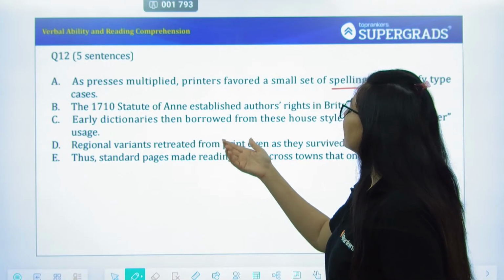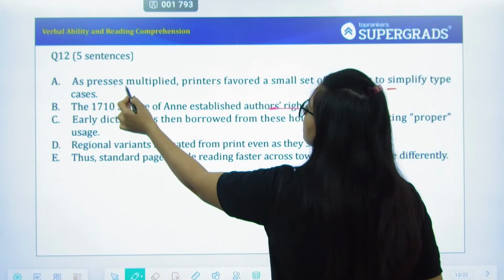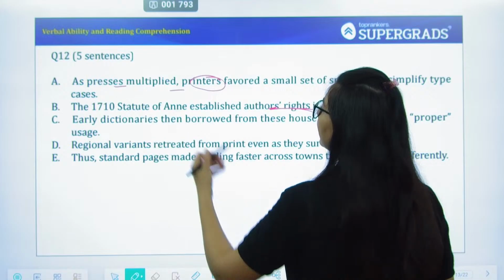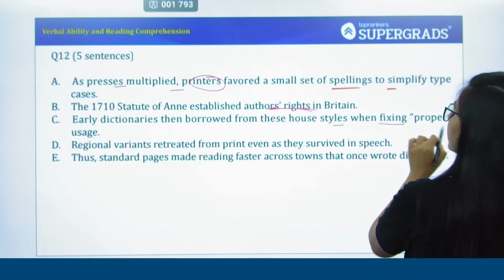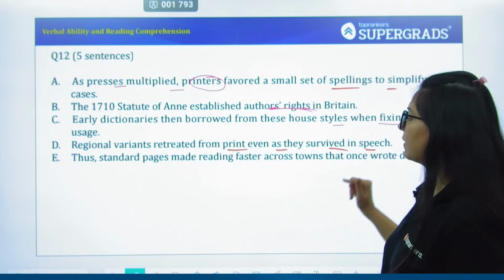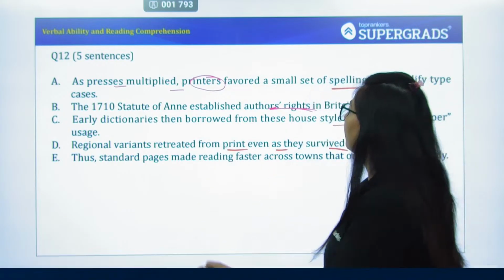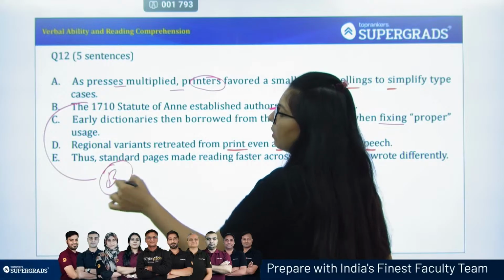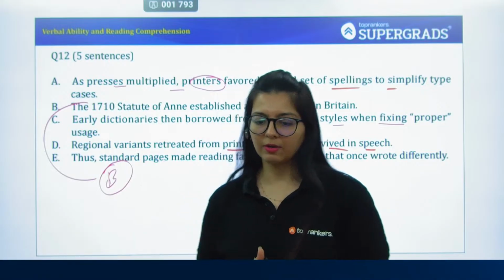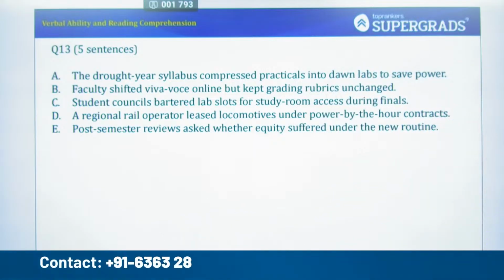The 1710 Statute of Anne established author's right in Britain. Okay, well, this is about, of course, the presses multiplied. It's about the printers. This is about the author. Early dictionaries, now this goes back to printing, then borrowed from these house styles when fixing proper usage. Regional variants retreated from print even as they survived in speech, the standard pages. Now, all of these are about printing and presses, while the only one which is about the author's right becomes the odd sentence, because that doesn't find any place in the sequence that we have. So the odd sentence is going to be option B. The next one, please.